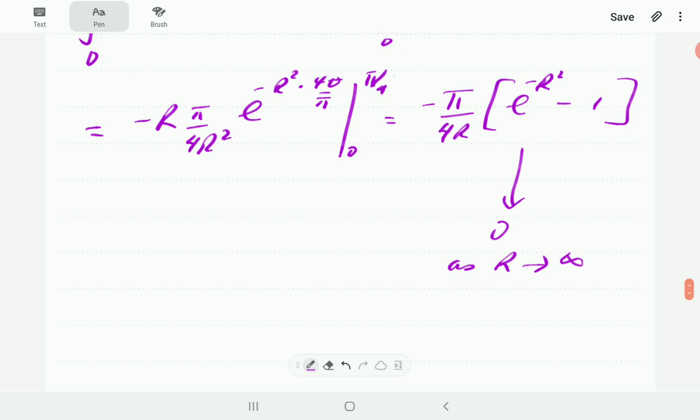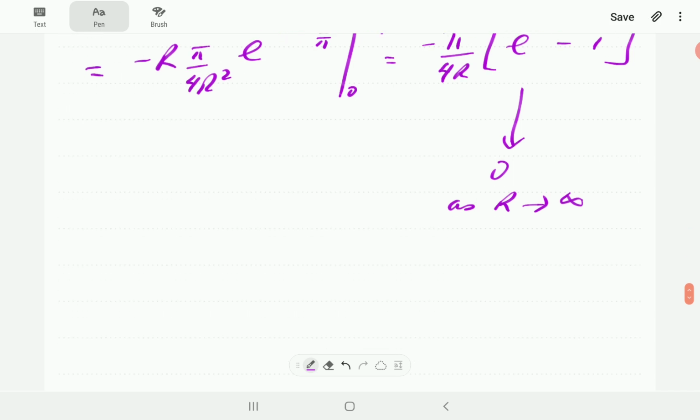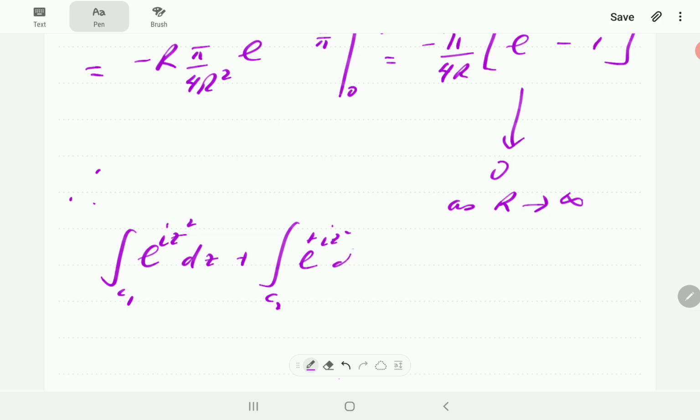Okay, so we are now going to summarize this. So we have got the integral of e to the iz squared along C1 plus the integral along C2 of e to the iz squared dz plus the integral along C3 of e to the iz squared dz. According to Cauchy's theorem, this is going to be equal to 0.